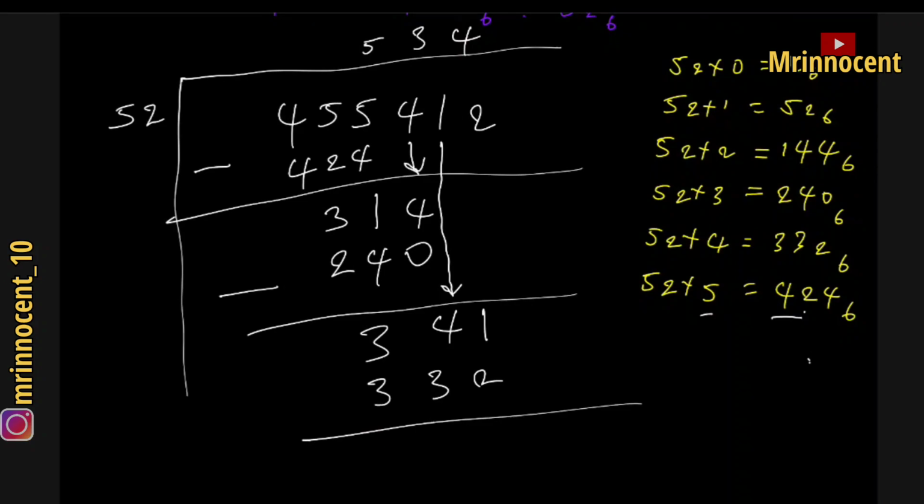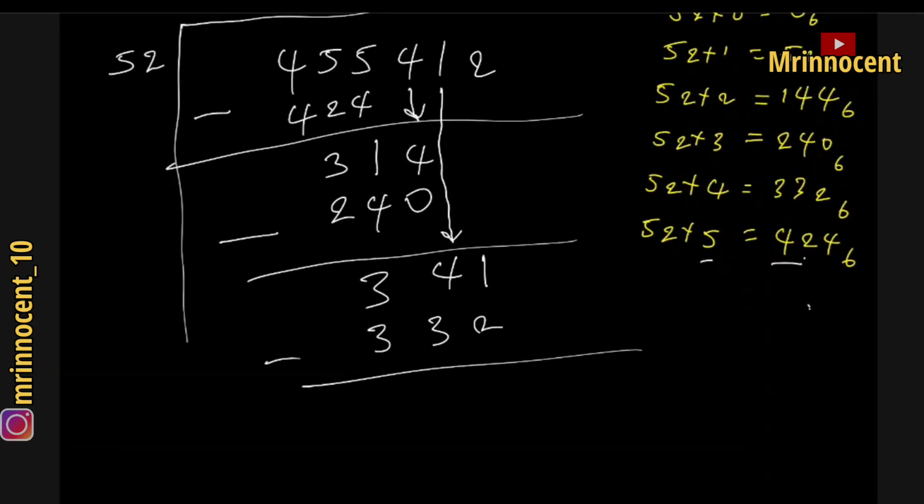So you subtract: 1 minus 2 cannot, borrow 1 here. Call it 6. 6 plus 1 is 7. 7 minus 2 is 5. So this one remains 0. Thus 3 minus 3 is 0.